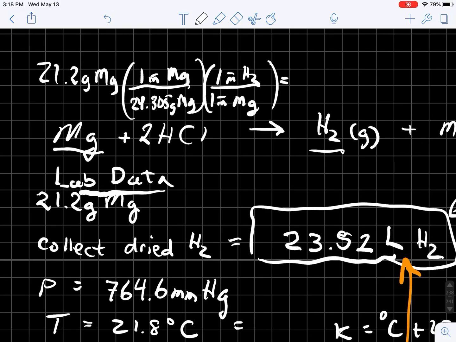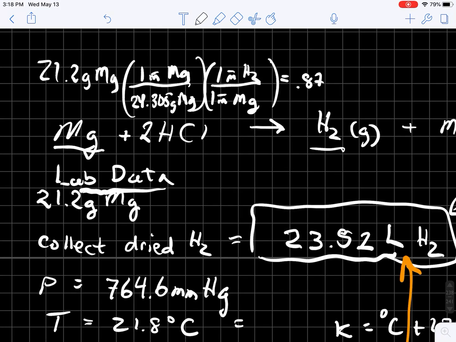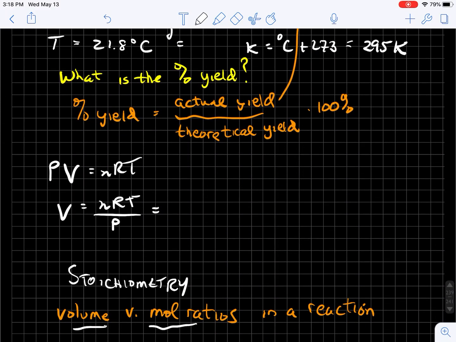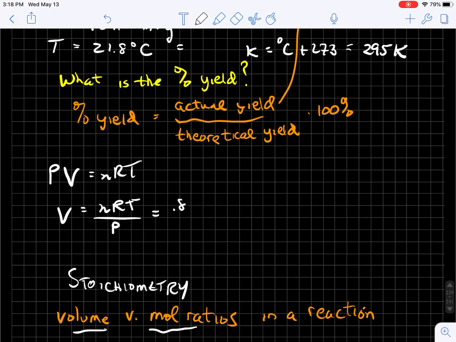So how much hydrogen should have been produced? 21.2 grams divided by 24.305, and we should have gotten 0.872 moles of hydrogen. Okay, so we take the 0.872 moles of hydrogen, and that becomes our theoretical yield.